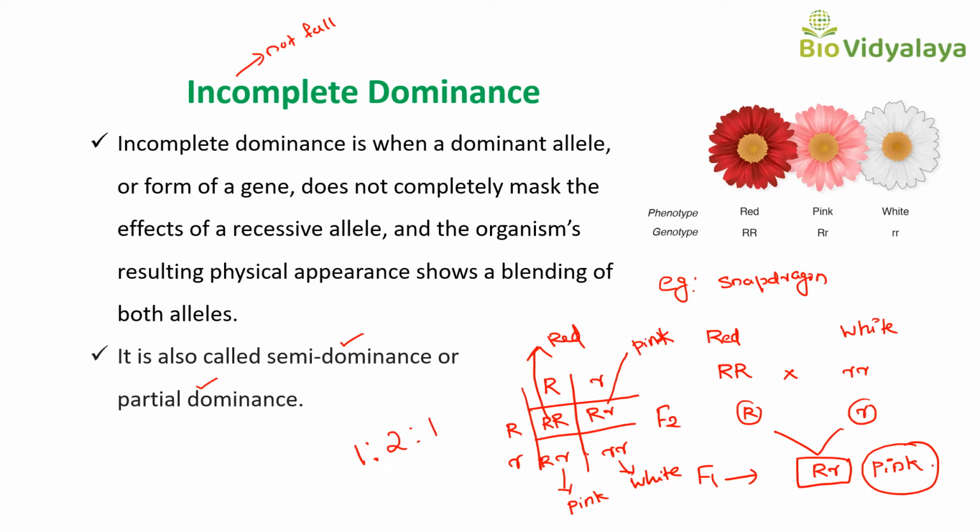One red color flower, two pink color, and one white color. So here in incomplete dominance, the dominant allele does not completely mask the effect of the recessive allele. That's why we are getting an intermediate phenotype.